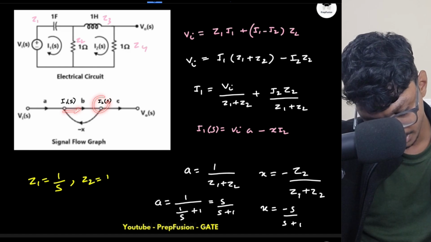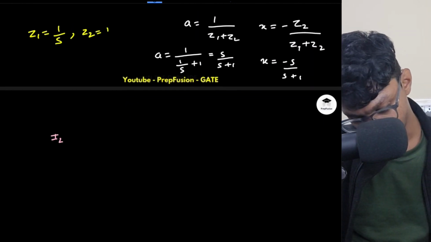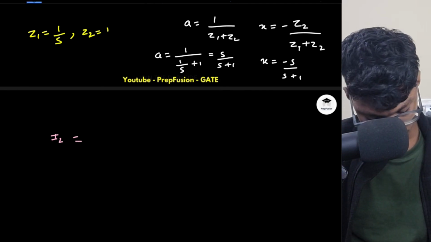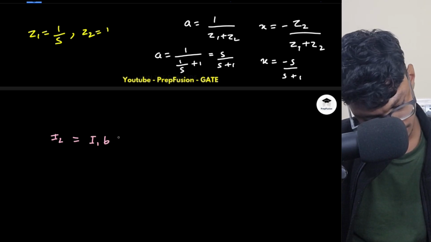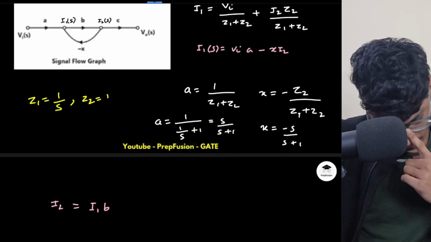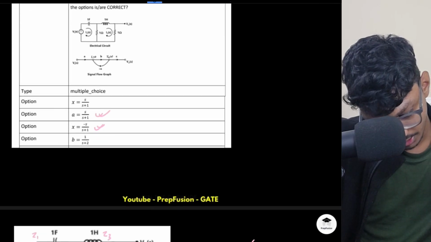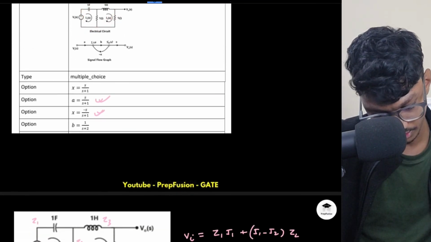Which node is incoming to I2? The only node that is incoming to I2 is I1. So I2 is equal to I1 into B, correct? And I know what I1 is equal to. How can I write I2 and I1 here? Yes, I can write I2 and I1 here.